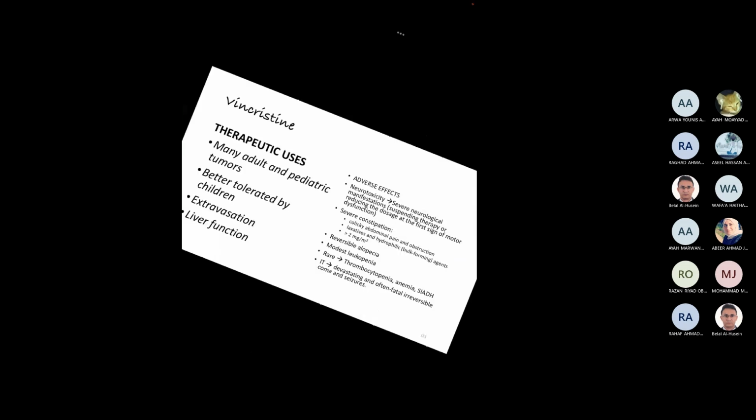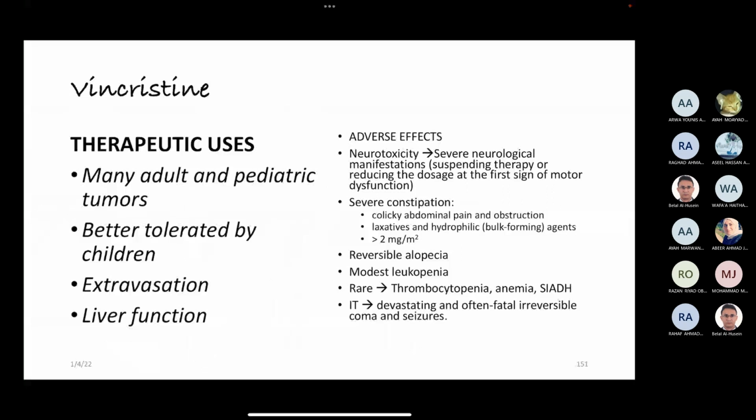Vincristine has, as we said, a little bit different toxicities, like neurotoxicities. It has multiple manifestations. Mainly, it could cause GI paralytic ileus, or gastroparesis, like slowing down of gastric movement. It could cause constipation due to that.